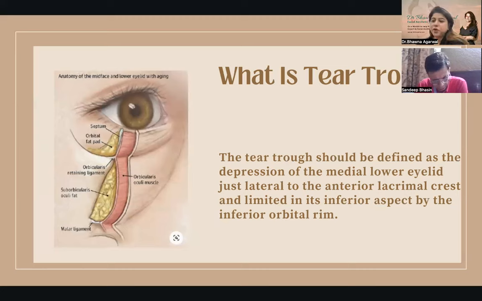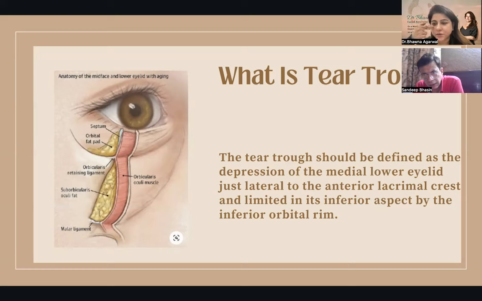So we have the orbital rim. I can't show the skull over here. From the orbital rim, the orbicularis retaining ligament comes out horizontally. And from this ORL, the orbital septum goes vertically upwards.